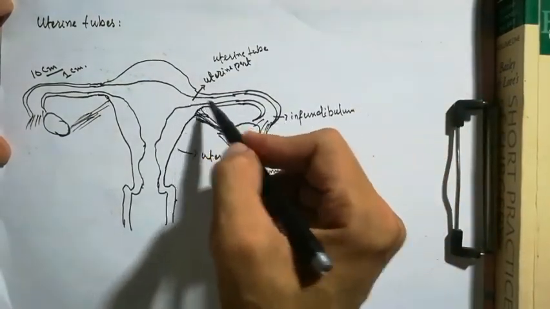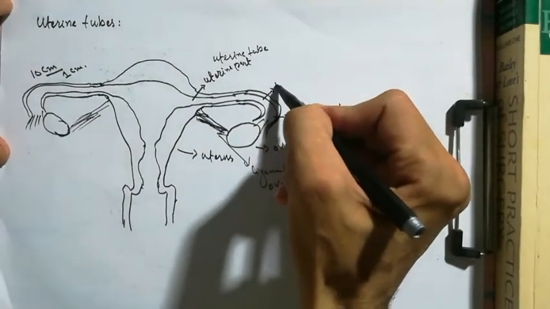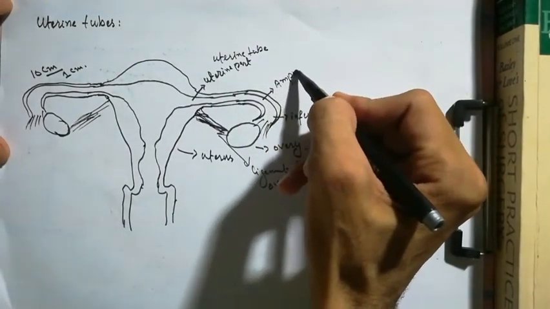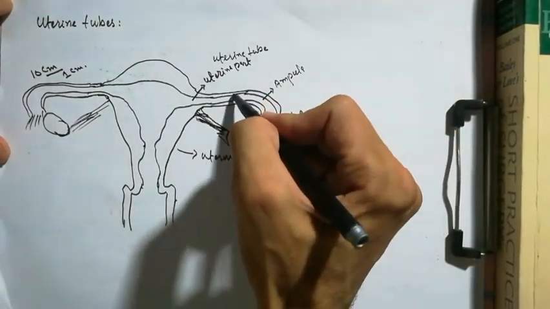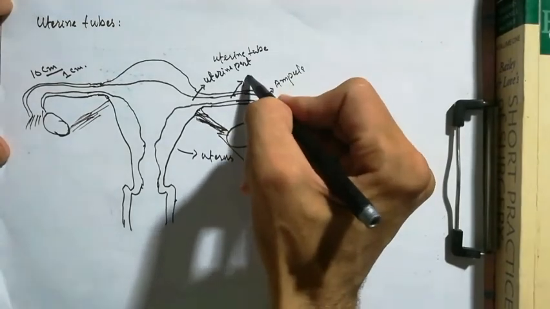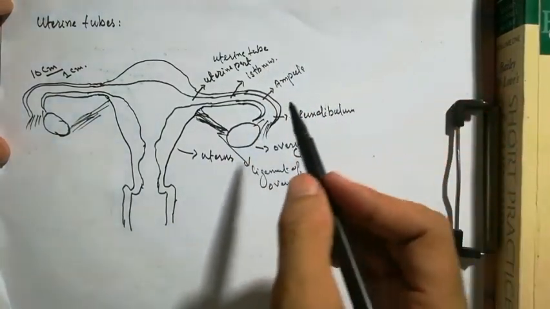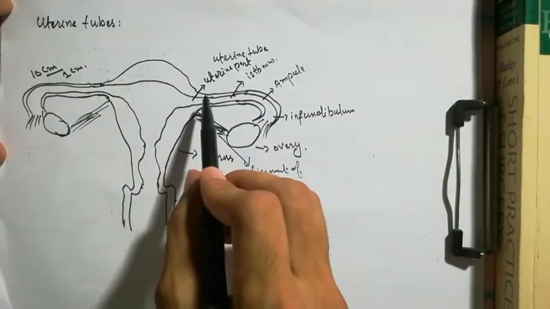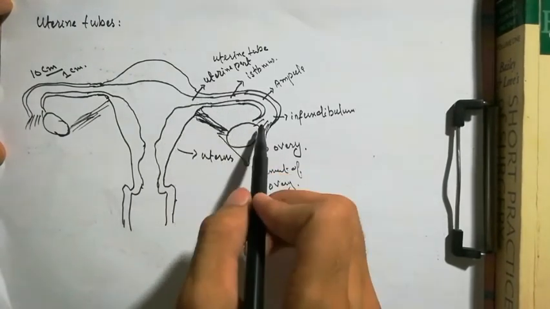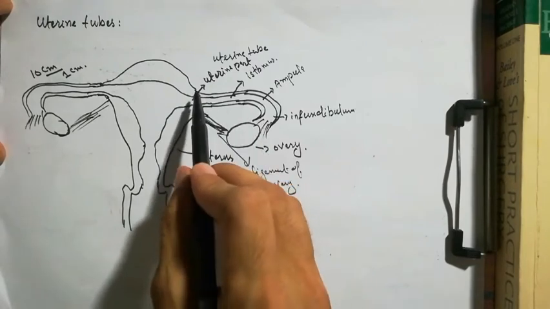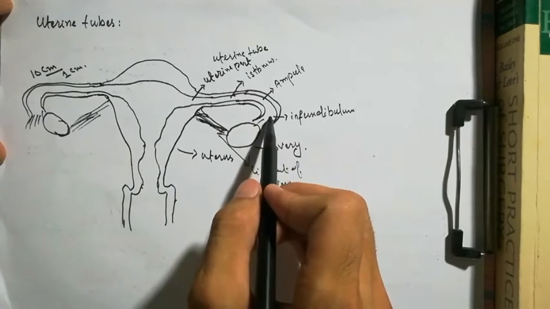Next to the infundibulum is ampulla, and the junction between ampulla and uterine part is called isthmus. So from uterine end to the ovary end: uterine part, isthmus, ampulla, and infundibulum.